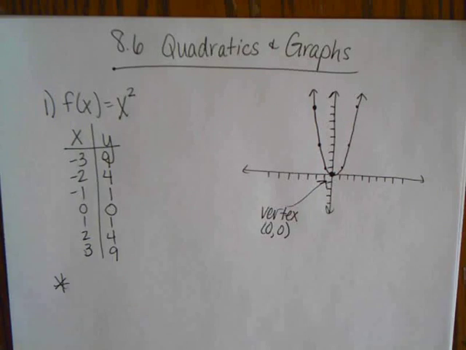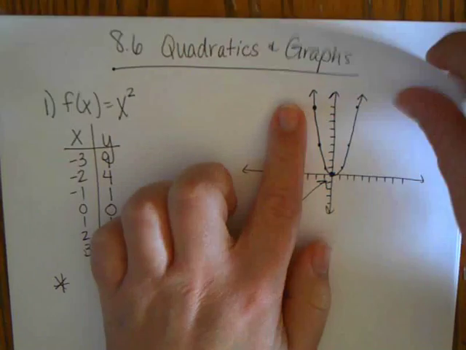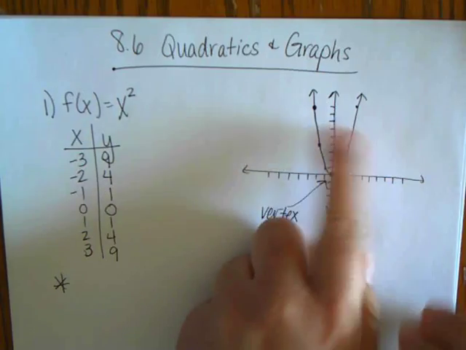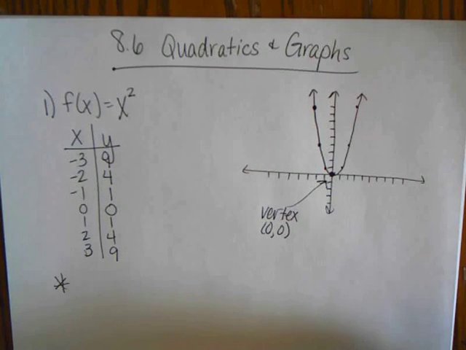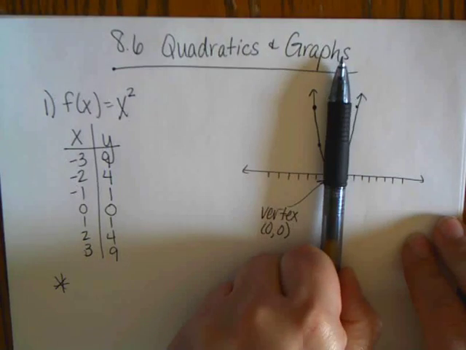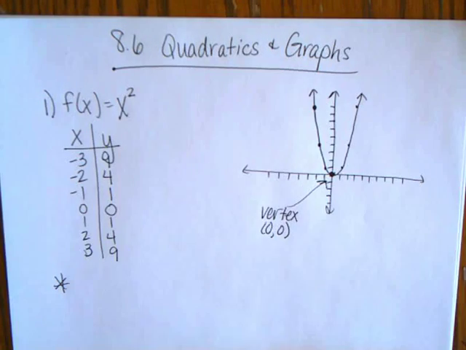Now, if I were to fold my paper in half along this vertical axis, I could create what's called an axis of symmetry. Parabolas are symmetrical, meaning there is a vertical line that I could fold and have one half of the parabola lie on top of the other half.